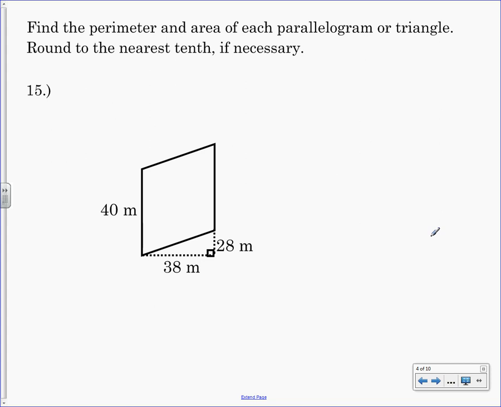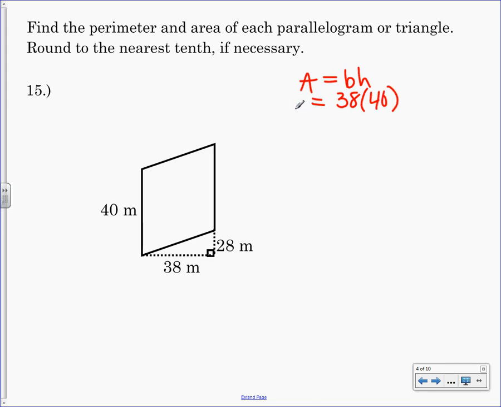What shape is this? Parallelogram. So my area is equal to, what's the formula? Base times height. What is the base of my parallelogram? Nope, the 38. What is the height of my parallelogram? 40.